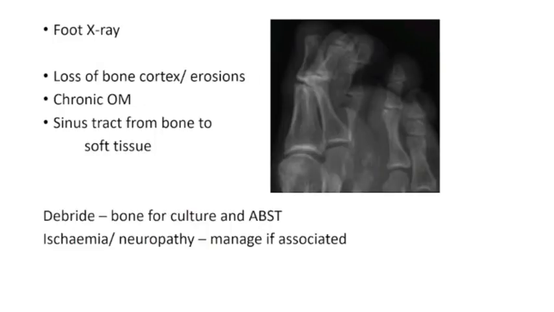Then you can confirm it with the x-rays and see whether all these changes of osteomyelitis are there, and then you can debride the bone and send for culture. You don't have to actually do amputations. What we do, we initially do all the bone nibbling and remove all the infected bone, right? And see whether we can salvage.